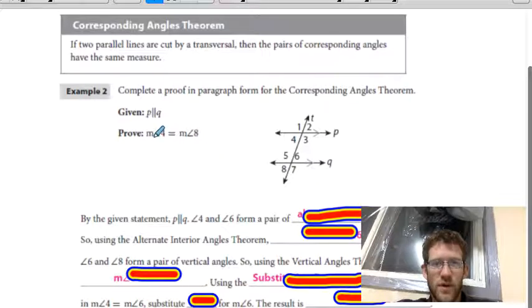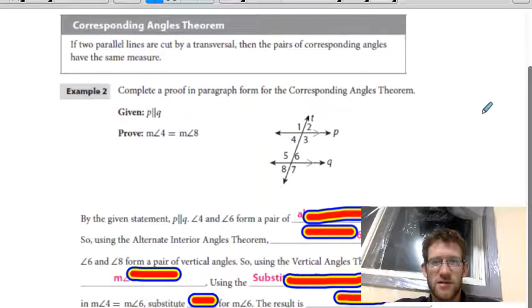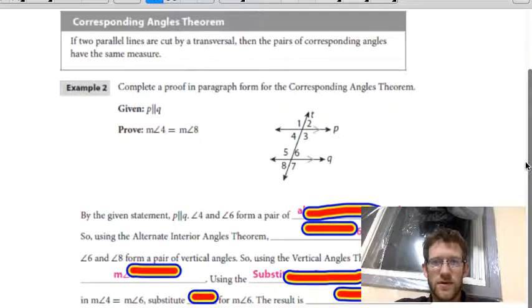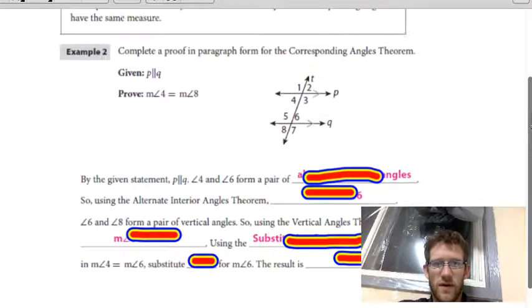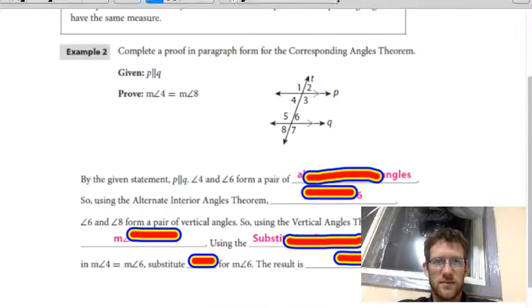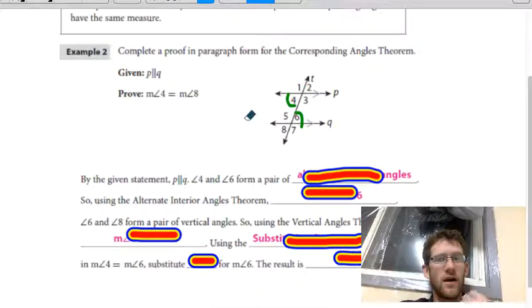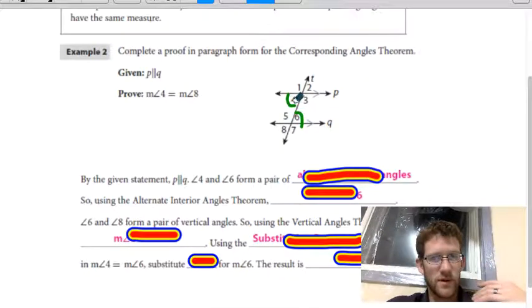But here we want to prove that the measure of angle 4 is equal to the measure of angle 8. We can use all of our previous known postulates and theorems. The first one, they say, by the given statement, we know that P is parallel to Q, given. Angle 4 and angle 6 form a pair of, what are these again?